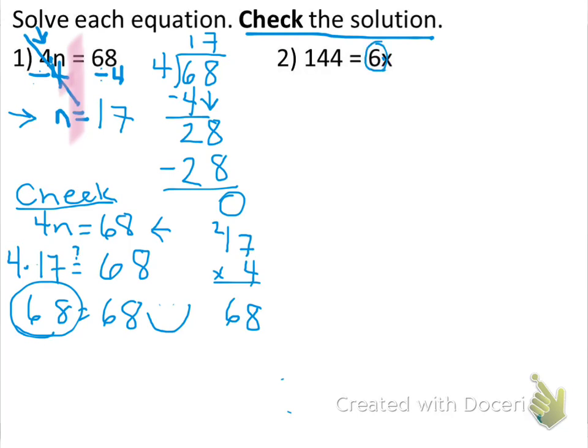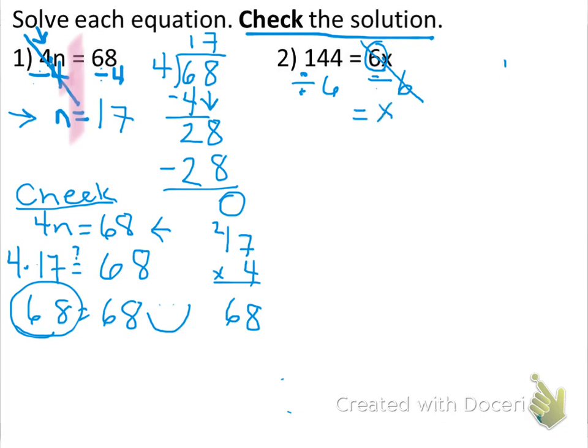We have 6 times x, so we're going to divide this whole side by 6. That makes this a 1 and cancels it out because 6 divided by 6 is 1. Whatever we do to the one side, we have to do the same thing to the other side. It's like a mirror.